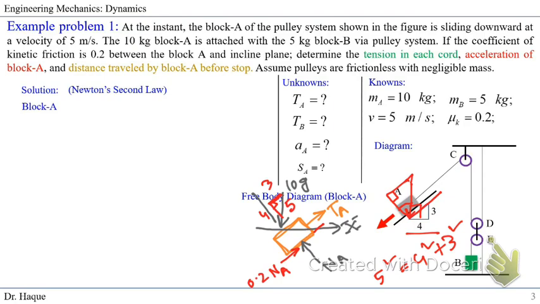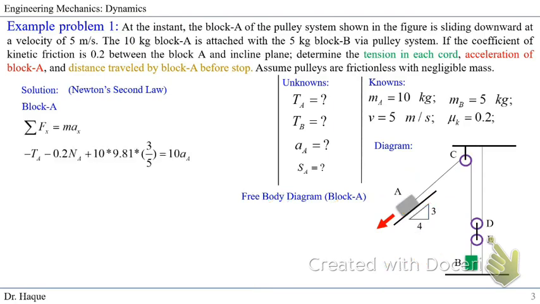So let's solve the problem. So Fx, which is max, so force equals mass into acceleration, we will have the tension in x direction, which is this direction TA.